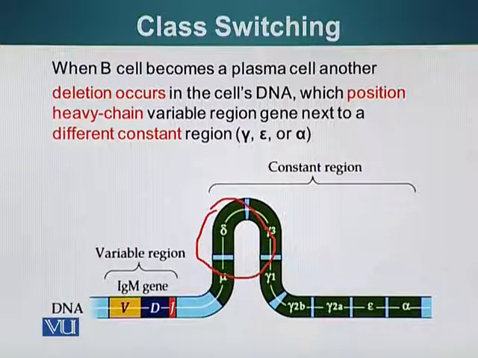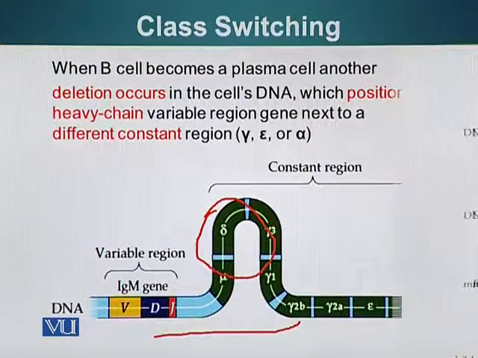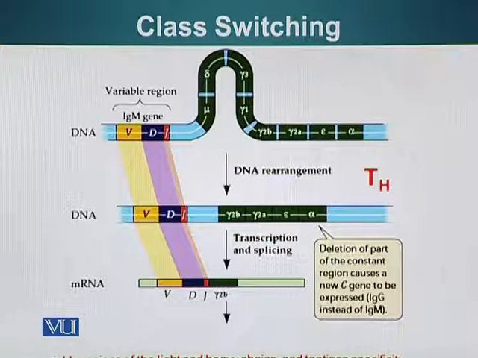This segment of DNA will be deleted. The variable region will be put next to the gamma region of the DNA, resulting in production of an IgG molecule, not the IgM molecule which this DNA was producing previously. So here's the process. The DNA is going to be rearranged, and a segment of DNA is going to be removed.